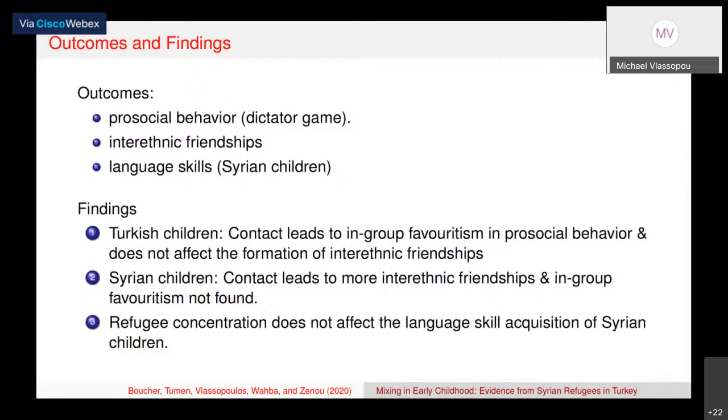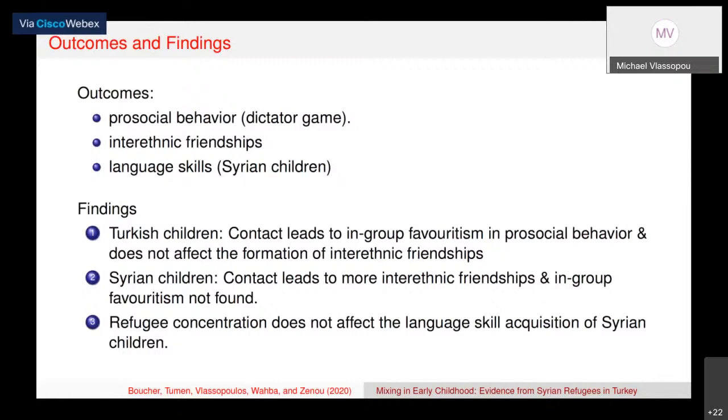And just to preview the findings, we find that for Turkish children, contact with the Syrian children leads them to behave less prosocially. So we find tendencies of in-group favoritism, the children displaying in-group favoritism.